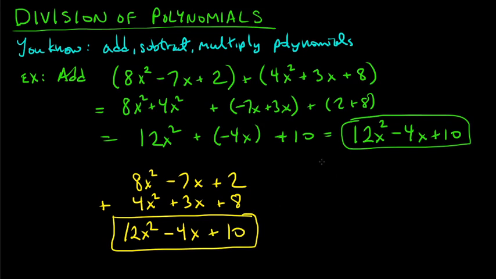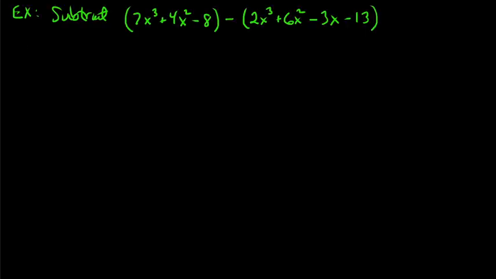Okay, so that's adding. What about subtracting? We're going to subtract: 7x cubed plus 4x squared minus 8, minus 2x cubed plus 6x squared minus 3x minus 13. I think we probably want to write this vertically again.